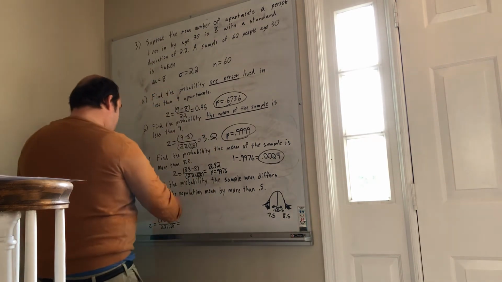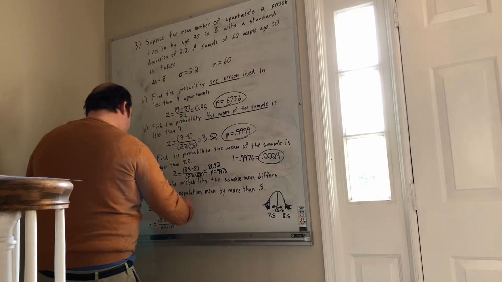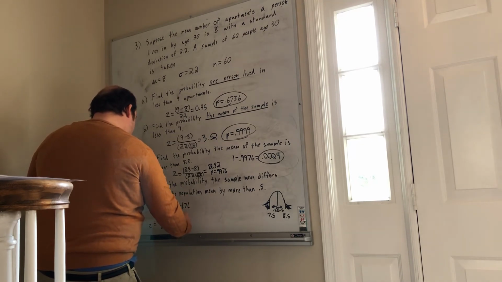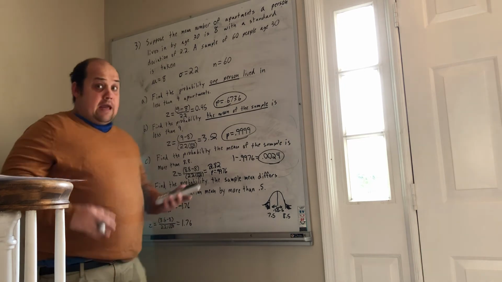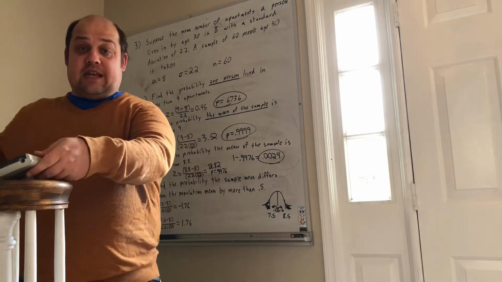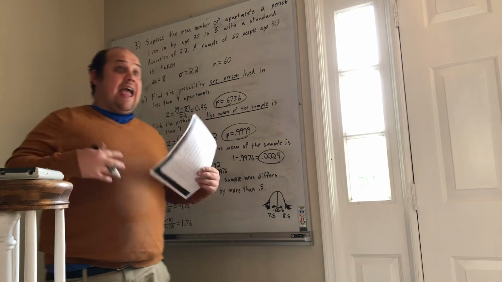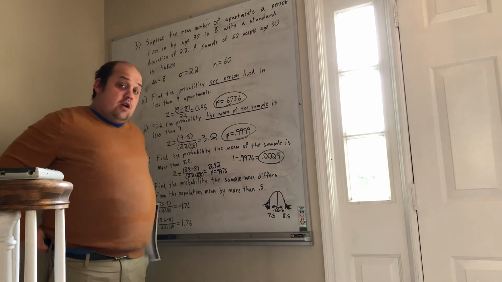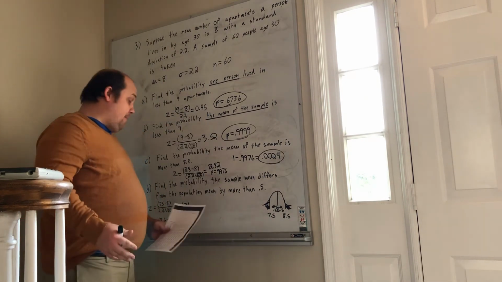Here I get a value of negative 1.76. Here I get a value of positive 1.76. It must be the case that if we move the same distance to the right and left, we have to get the exact same z-score, just one time negative and one time positive.